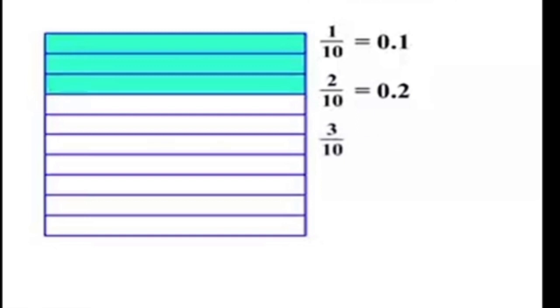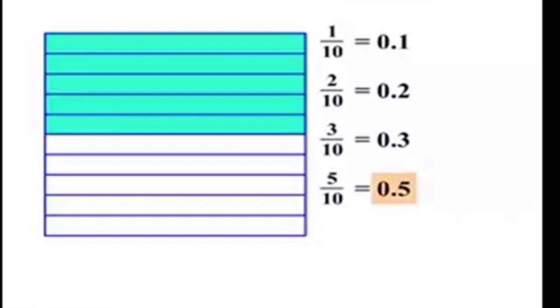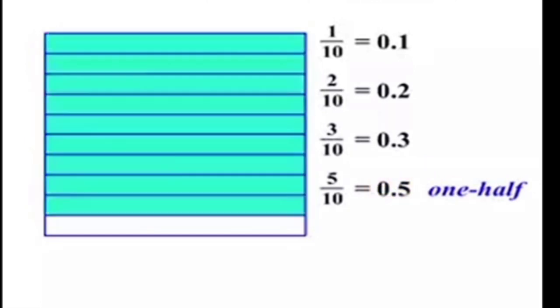For 3 by 10, the decimal fraction will be 0.3. For 5 parts, 5 by 10, we write 0.5. This is 1/2. For 9 by 10, the decimal fraction will be 0.9.